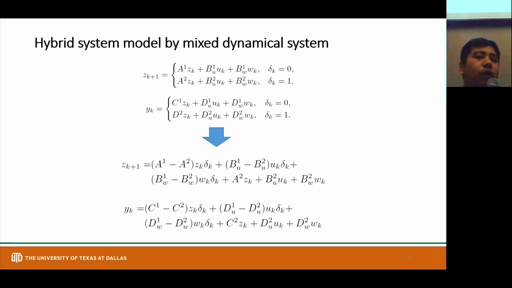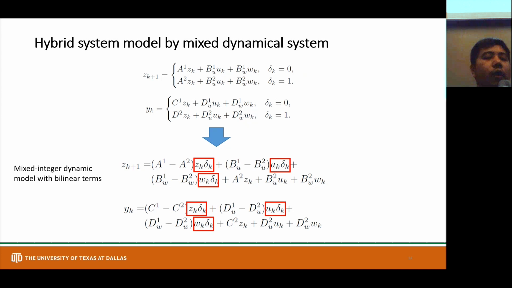Therefore, the total dynamics can be represented as one equation, and the output of the power is also in the equation. So now the system becomes a mixed integer dynamic model with binary terms like z times delta, u times delta, and w times delta.